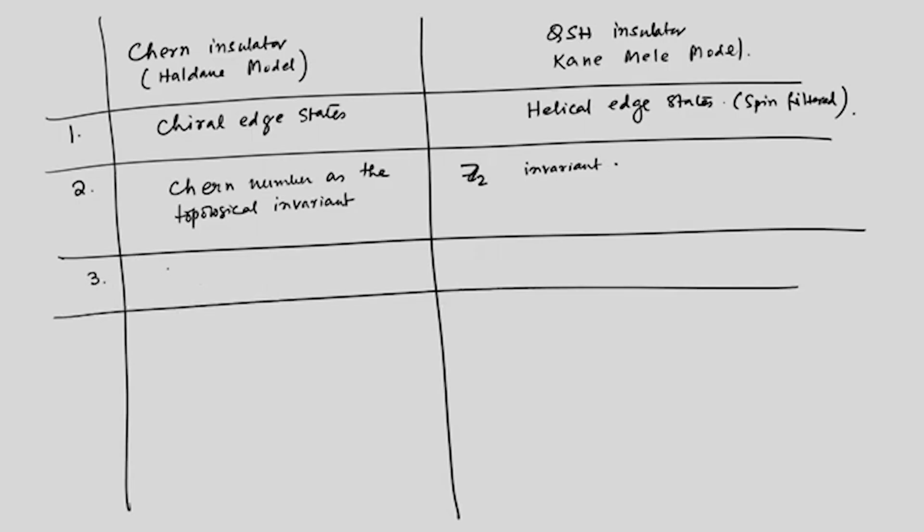Number 3, time reversal symmetry is broken, let us call it TRS is broken, and in the other, TRS is intact.